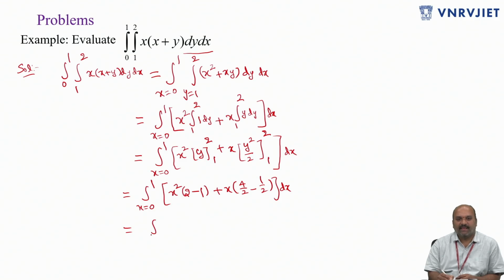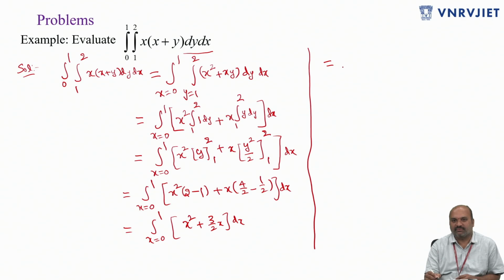This is equal to integral x varies from 0 to 1. Now let's simplify this. 2 minus 1 is 1. 1 into x square is x square, plus 4 by 2 minus 1 by 2, which is nothing but 3 by 2. So it is 3 by 2 into x into dx.